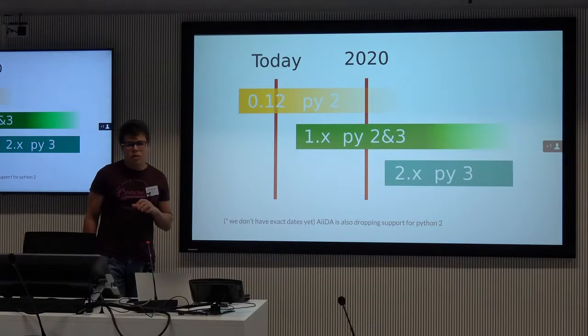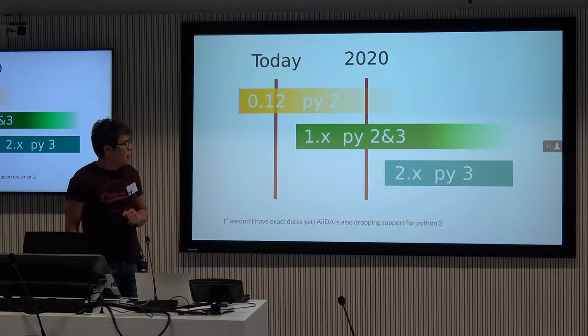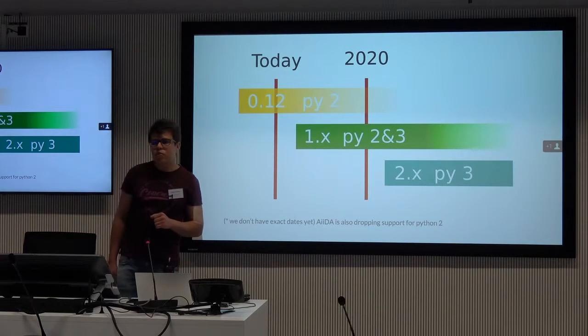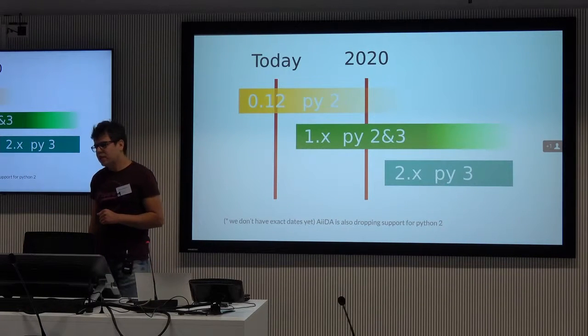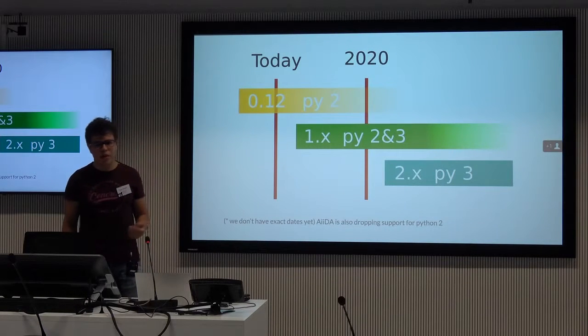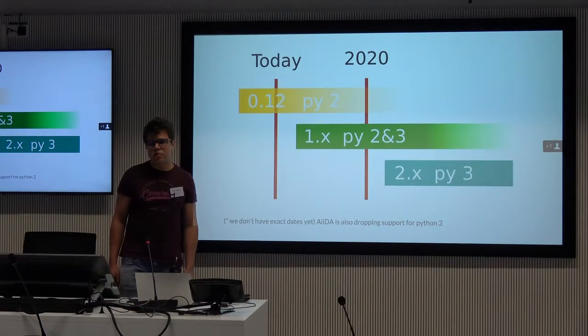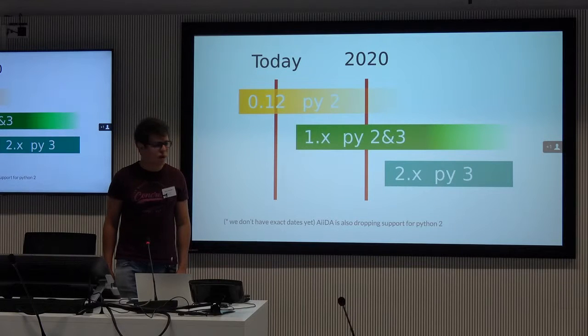All versions of AiiDA 1 are going to support Python 2 and 3 until we don't know when. And at some point after 2020, we will release a new version of AiiDA, call it AiiDA 2.0 or 2.x. And the difference with AiiDA 1.0 is that, hopefully, it won't support Python 2, just Python 3 only.